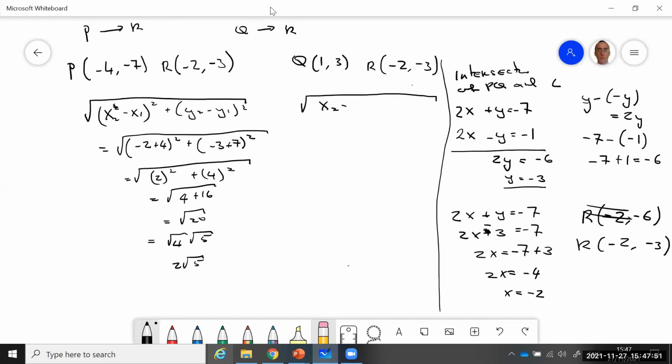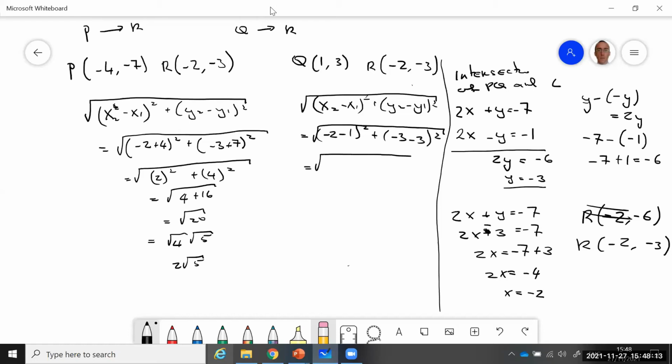So (x2 minus x1) all squared plus (y2 minus y1) all squared equals... x2 is -2, subtract x1, which is 1, squared, plus y2, which is -3, minus 3 squared.